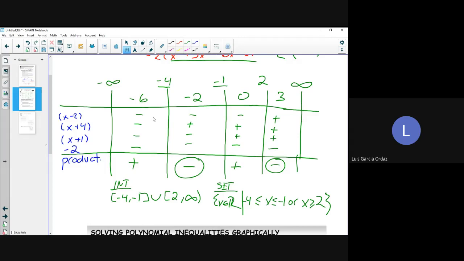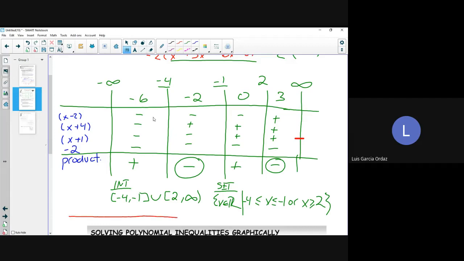Now, obviously, the last thing I can ask you guys is to graph it on a number line. So let's just try that. Let's graph this polynomial equation on a number line.